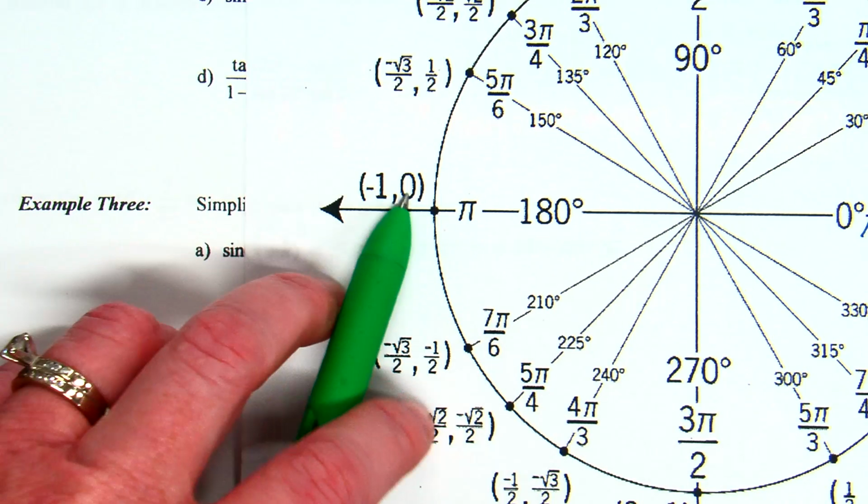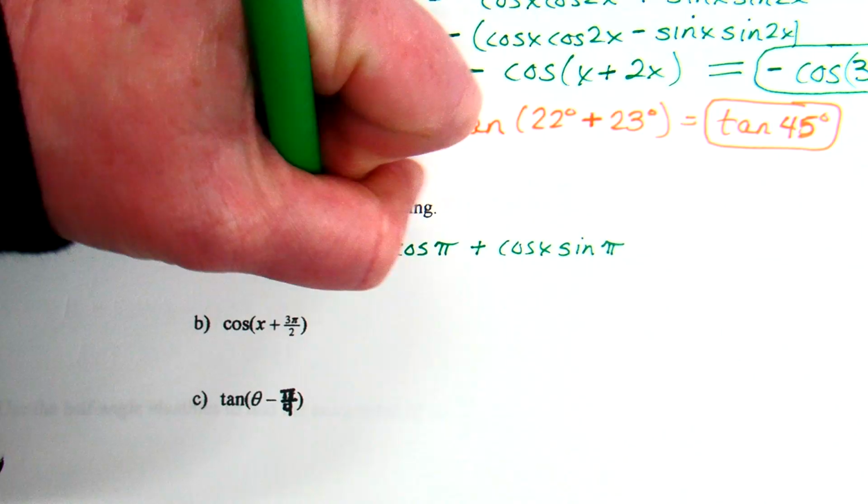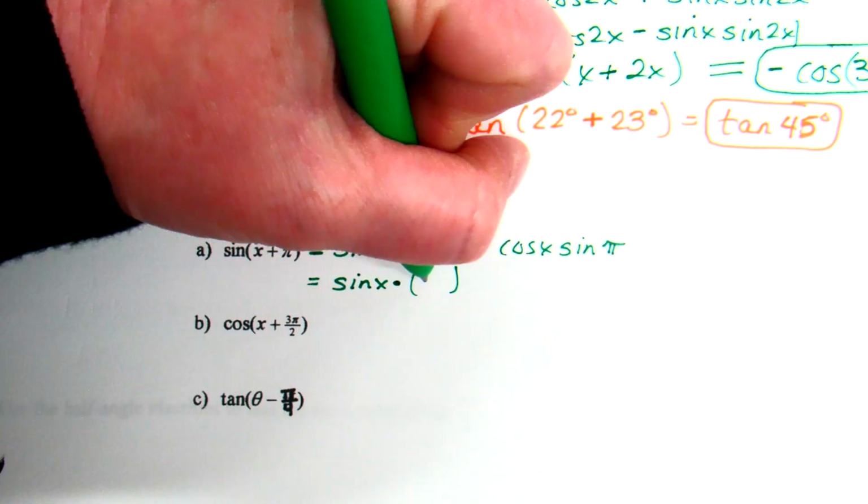Okay, here at pi, remember an ordered pair is cosine, sine, right? So the cosine of pi is -1. The sine of pi is 0. We need to sub those values in.